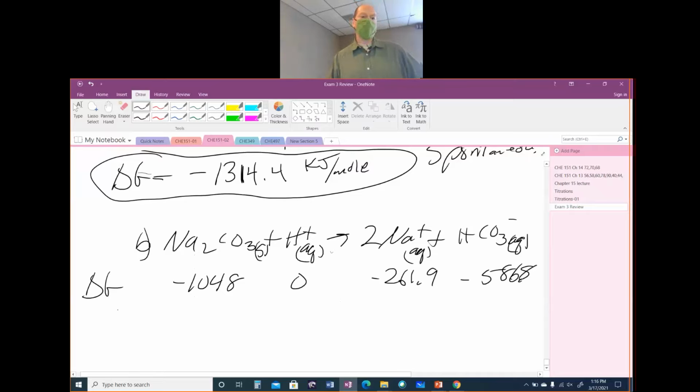And so to get the delta G of this reaction, you take your delta G products minus delta G reactants, and that is your number. So 2 times negative 261.9 plus 1 times negative 586.8.